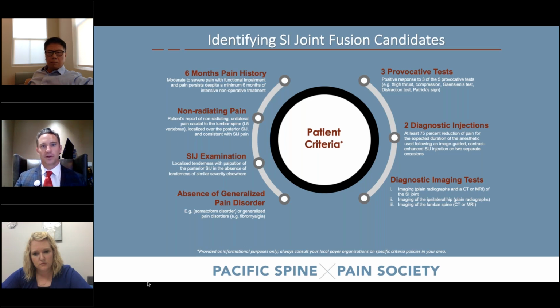Specifically, we're looking for a positive FABER, compression, distraction, thigh thrust, or Gaenslen's. Then you want to make sure that your patient doesn't have any other generalized pain disorder contributing to their pain, that it's not a case of somatization or fibromyalgia. Those patients aren't going to do well with an SI joint injection.